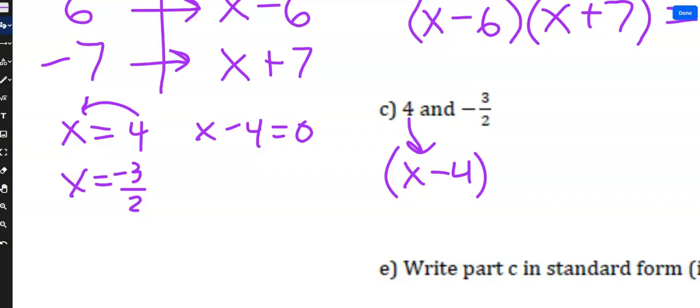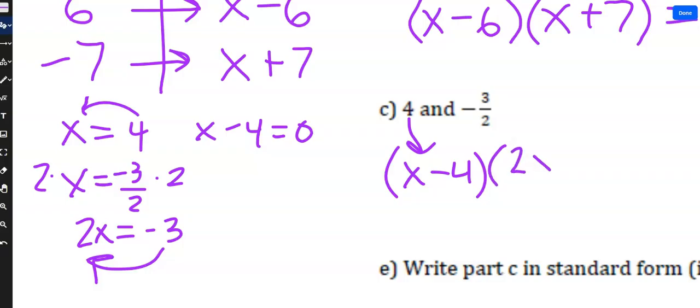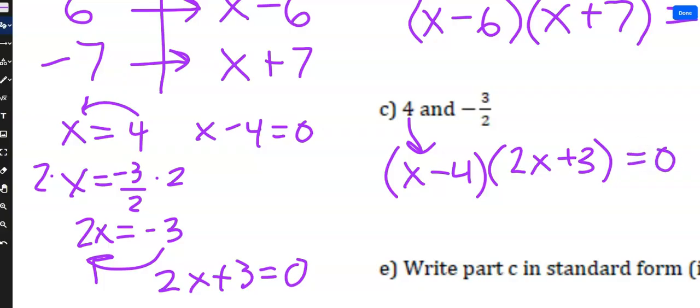So we want to move that to the other side, but I got a trick to show you. We're going to multiply everything by 2, which will give me 2x equals negative 3, and then we're going to move that to the other side. So the factor that we want is 2x plus 3, right? 2x plus 3 is equal to 0. And then we'll put our equals 0 in the end.